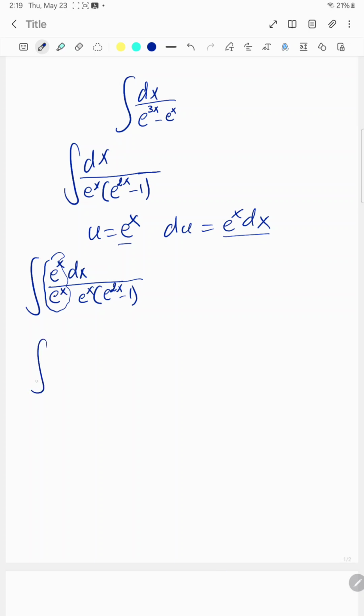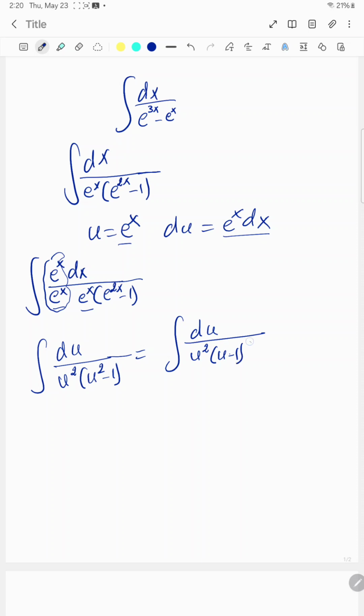So my integral becomes du over u times u square minus 1, which is u square times u square minus 1. But if I look at my denominator, u square minus 1 is like a square minus b square, which is equal to a minus b times a plus b. So my integral becomes du divided by u square times u minus 1 times u plus 1.